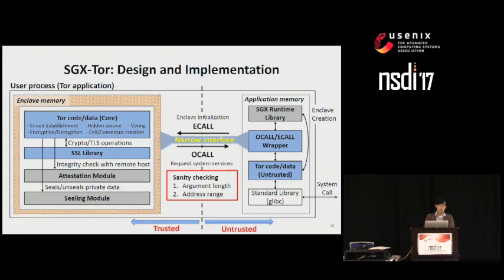SGX-Tor relies on minimal system support for networking, threading, and memory allocation. We implement 57 OCalls to make the interface narrower, and the detailed types of OCalls that we implemented are listed in our paper.